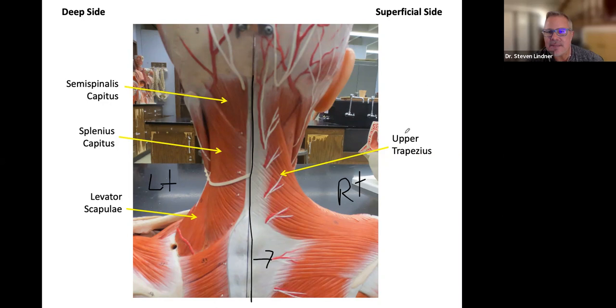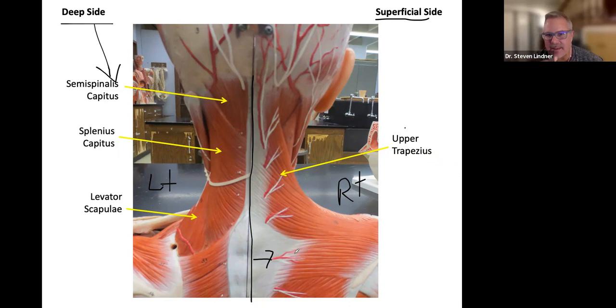So the trapezius muscle is superficial. If we were to dissect this, see, it even says here, superficial side, deep side. So the only reason why we can see these 3 muscles on the left is because we were able to dissect and pull away the trapezius that was on the right.